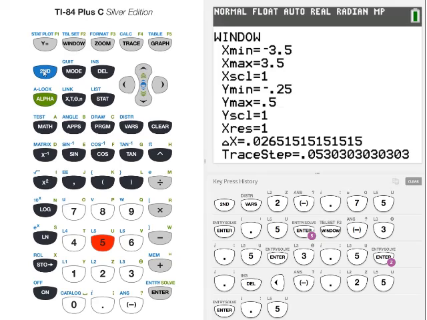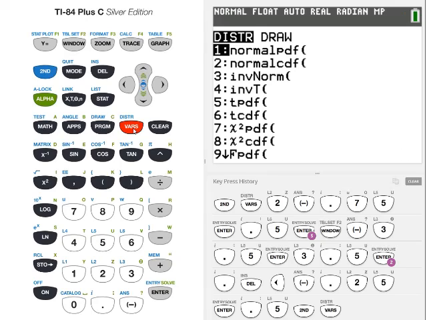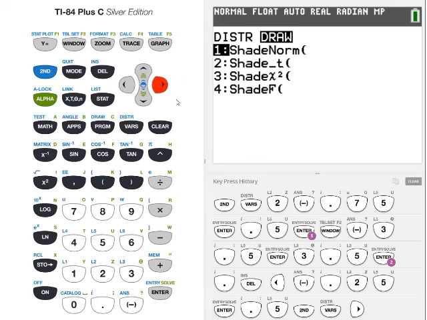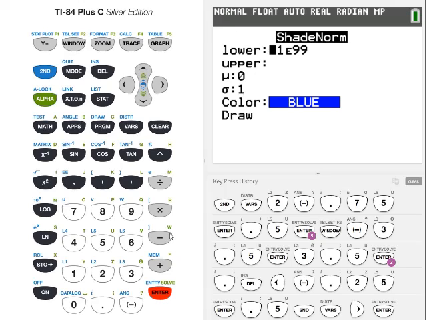Now that we've got our window fixed, let's go back to the distribution menu. And this time, instead of choosing something under distribution, let's go over to draw. And let's choose shade norm. Let's enter our values again.